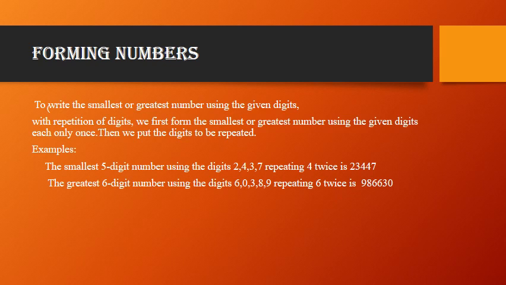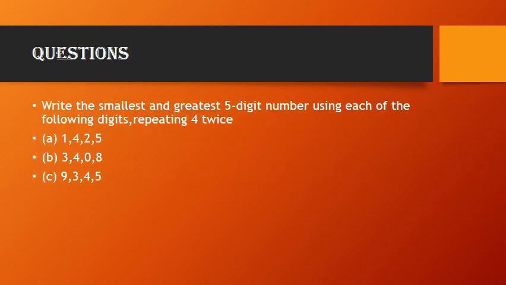So descending order is, children, from big to small. So here we have 9, 8, 6, 6, 3, 0. Again, why 6 twice? Because it is clearly given repeating 6 twice. So by arranging the given digits in descending order, we got the number as 986630.